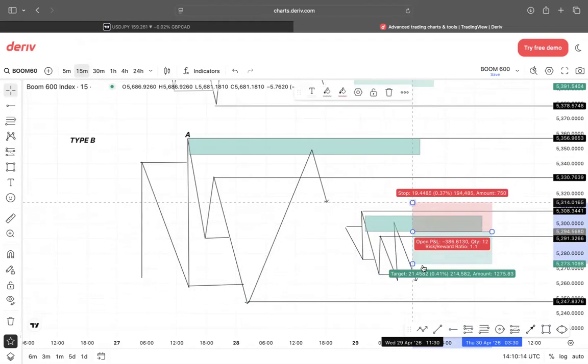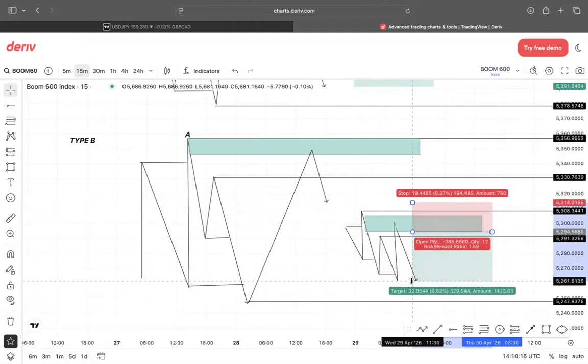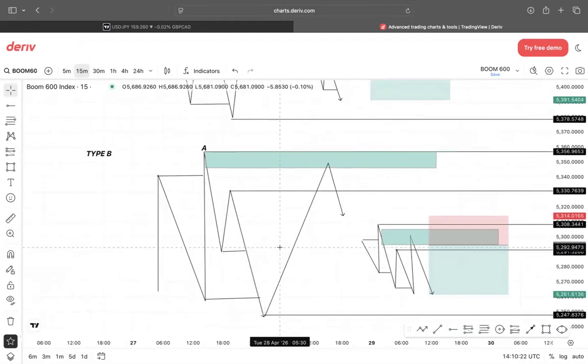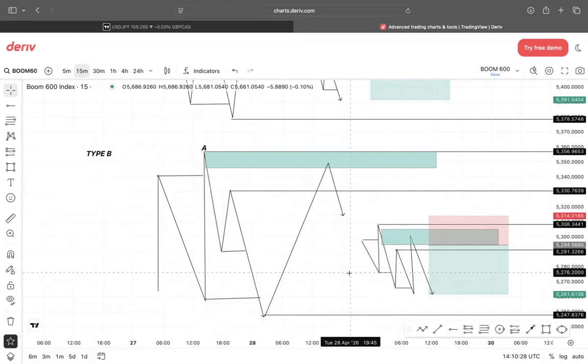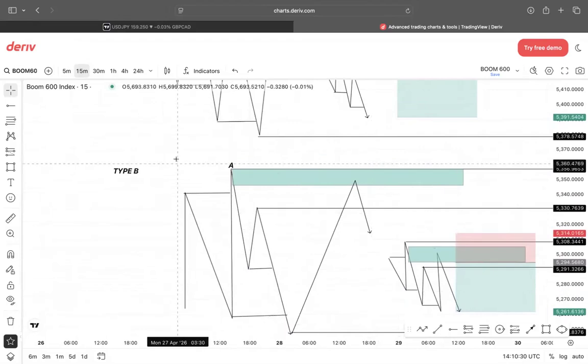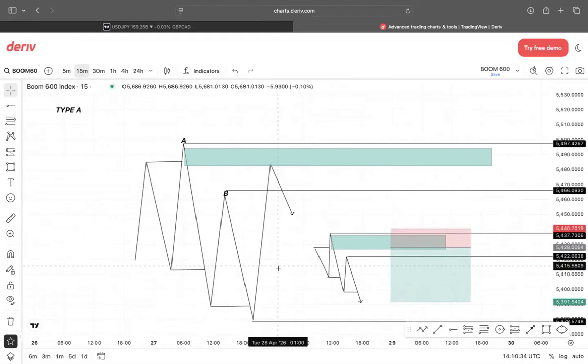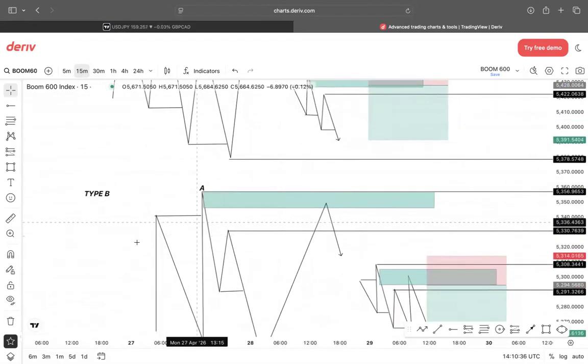So this is basically the type B. For the type B, structural liquidity has to form first before breaking the structure. Now, you can have a type A here as your top-down analysis on the higher time frame, and I still have a type B here. It can work interchangeably. Both of them work. So this is the type A, and this is the type B.